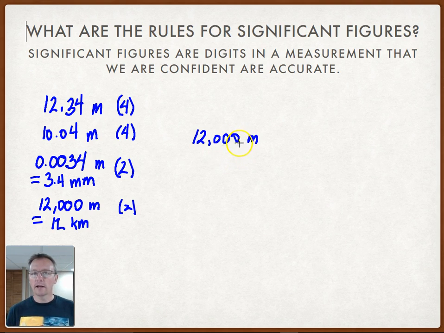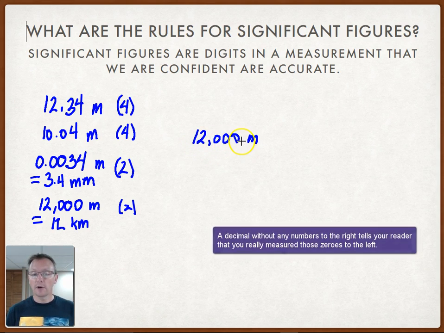So one of the ways that I can change from 2 sig figs, see only these 2 are significant down here, to all of these being significant is I can put a decimal right there. If I put the decimal right there without anything after it, that means I know that I measured all of these things. And as a result, this ends up with 5 sig figs.